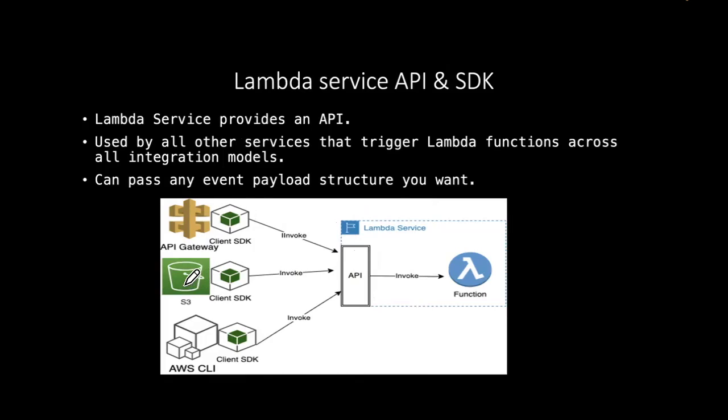We were talking about S3 a while ago, talking to the Lambda service. Well, it actually uses the Lambda SDK to do that. Or if we were using the CLI, it's using the SDK. Okay, so that's what's happening. And if we write a Lambda function, and sometimes the Lambda function actually wants to talk to the Lambda service, well, it would use the SDK as well.